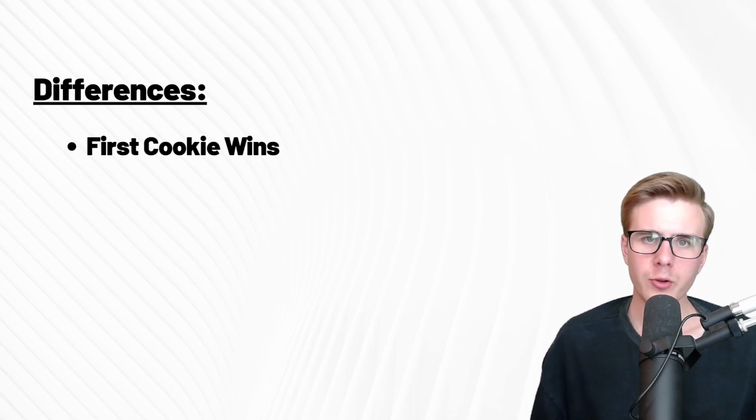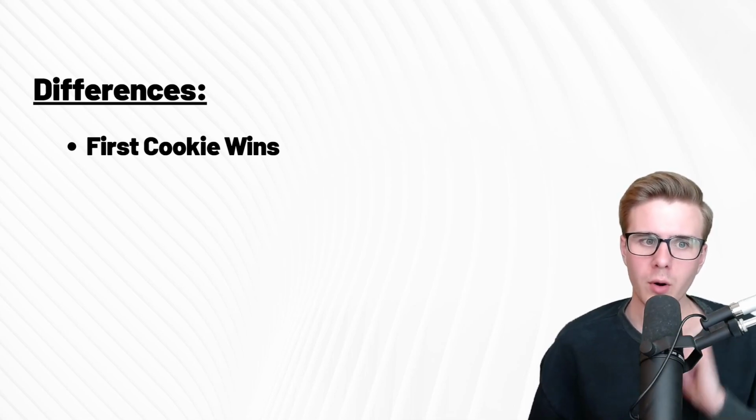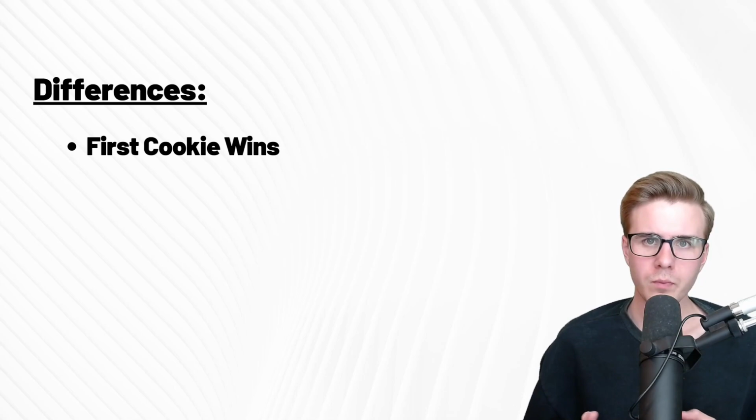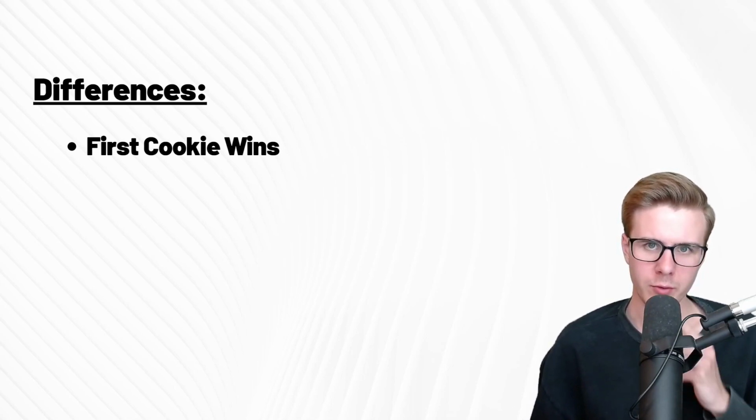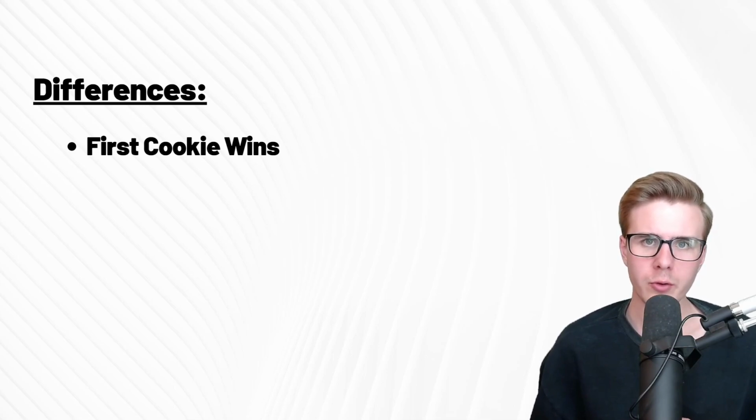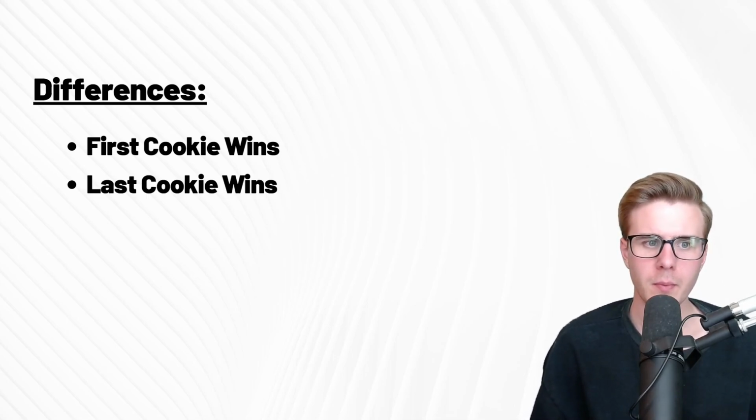Sometimes you have first cookie wins, which means that even if I didn't purchase the product with your link, you still get the commission because I saw it first with your link. You were the first affiliate whose link I clicked. First cookie wins, you get the commission. The difference is last cookie wins. That's the exact opposite.